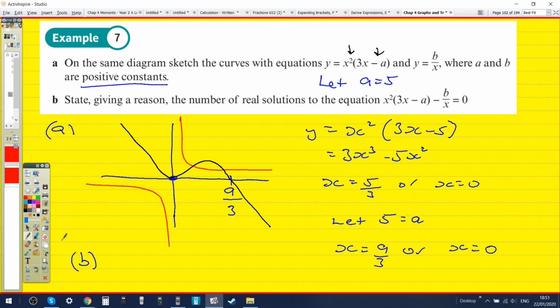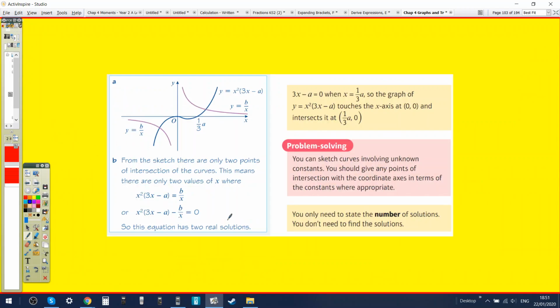2. Yep. Why is that? Because they cross at 2 points. Yeah. 2 solutions, 2 points of intersection. 2 real solutions. Yeah, great.